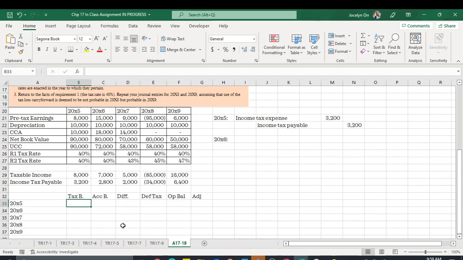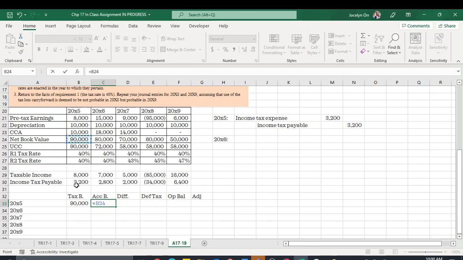So in 20X5, we have a UCC of $90,000. And we have an accounting basis or net book value of $90,000 as well.